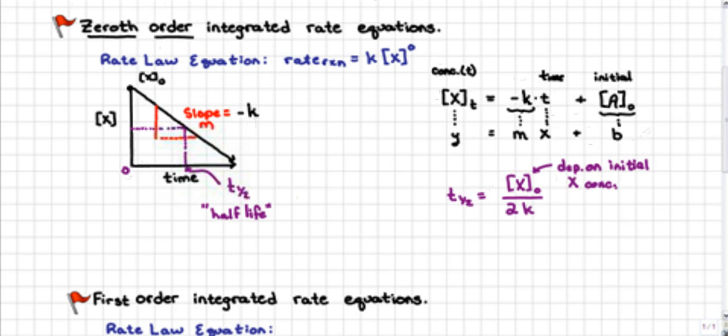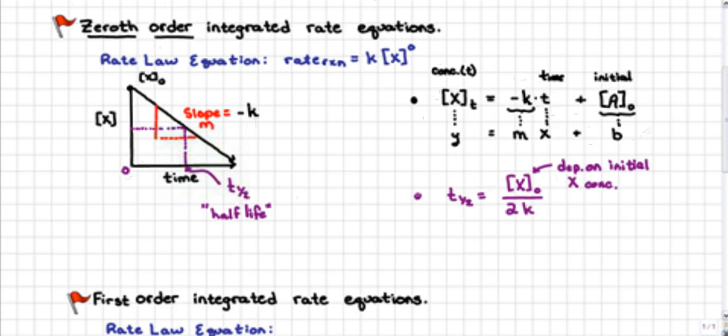Doesn't it make sense that if you have more X around as a reactant, it should take more time to use up half of it? It sort of makes sense that that's the way things ought to work. And in the case of a 0th order reaction, that is indeed the case. These two formulae, the integrated rate equation and the half-life, you need to have some working experience with and you need to have committed to memory.